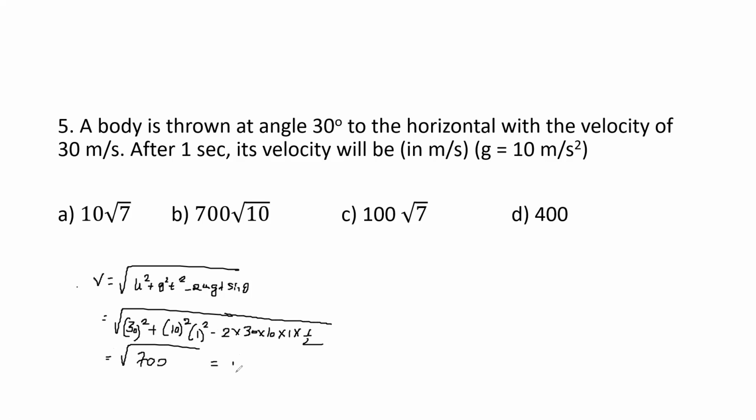So this becomes root of 100 into 7. Square root of 100 is 10. Therefore, the velocity becomes 10 root 7 meter per second. Therefore, the correct option is option A.